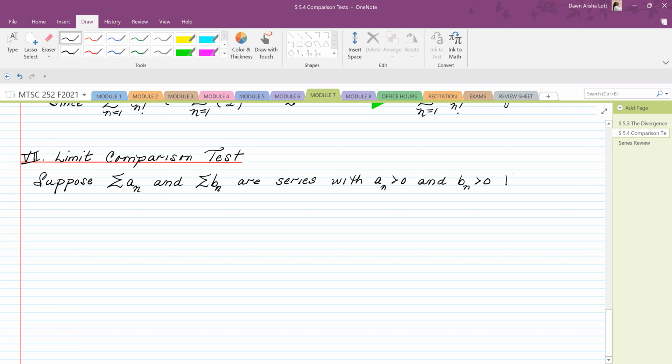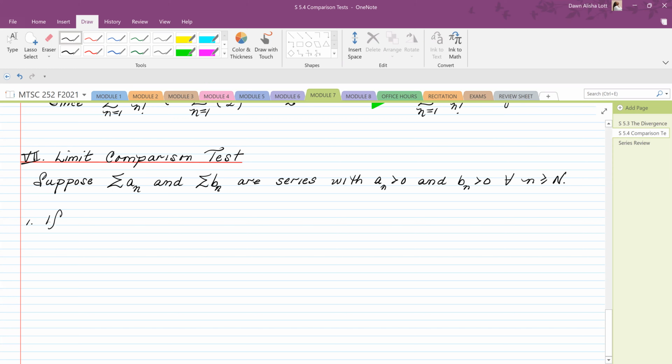And this is true for all n bigger than or equal to some N. So that means at some point in the series, it has to be true. It may not be true in the beginning, but as it moves forward out towards infinity, all the terms are positive. So here's the first criteria.